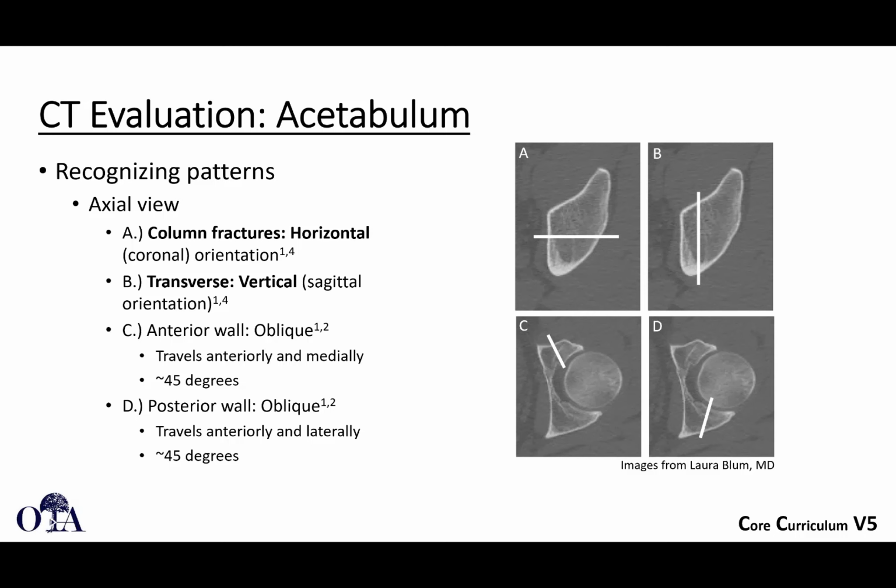And then wall fractures, like a posterior wall fracture, will frequently look something like that. Now, the anterior wall fractures, as I mentioned in the first video, are not necessarily the homologue of the posterior wall fracture. It's usually a different type of fracture fragment. But if you have an anterior wall fracture, it could look like that.